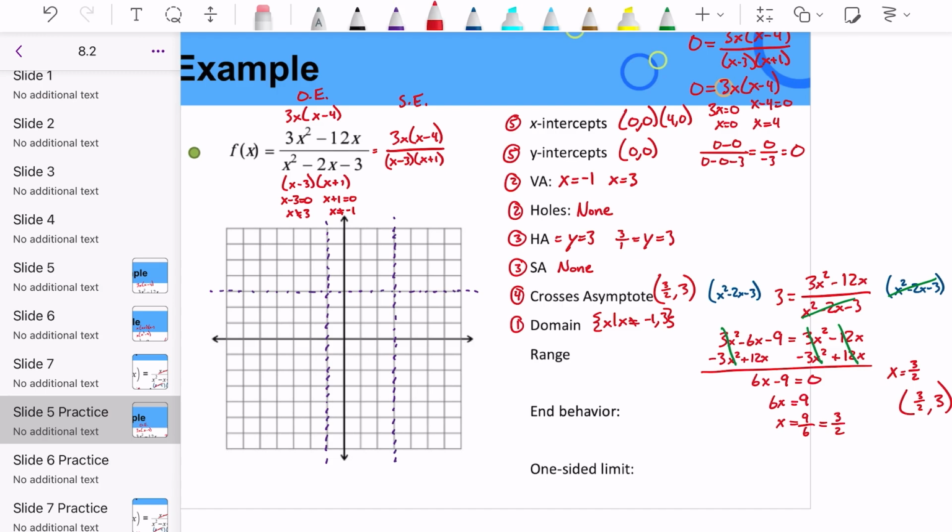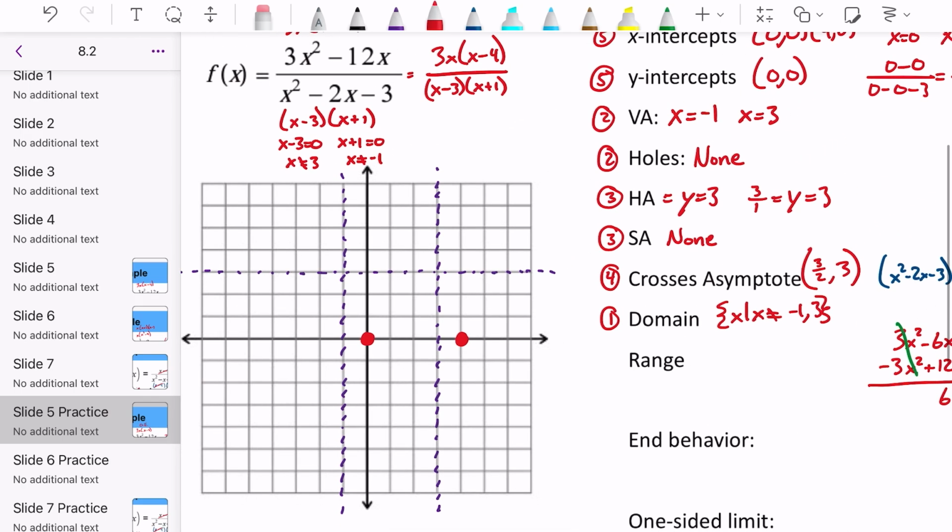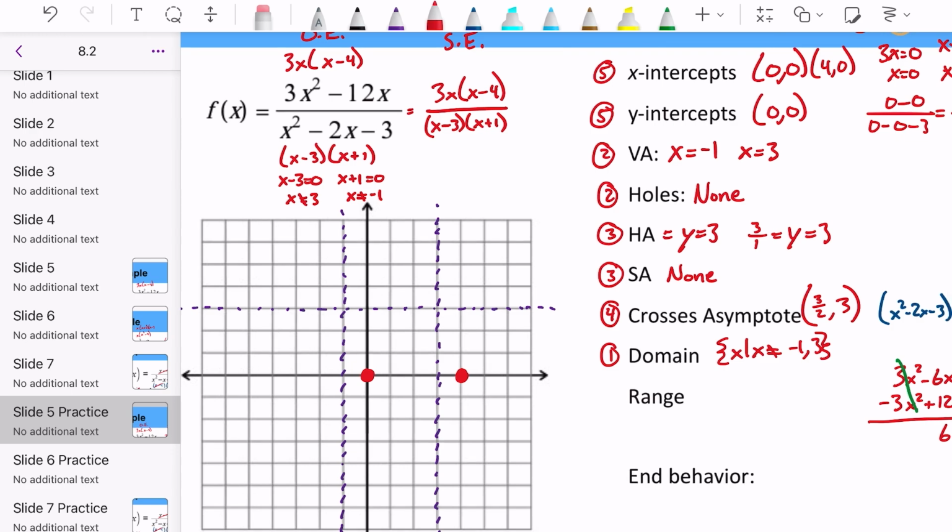We then continue on to any points that we may have. First would be our x-intercepts. So we have 0, 0, and we have 4, 0. The y-intercept is included within the x-intercept, so we don't have to worry about that. There are no holes.